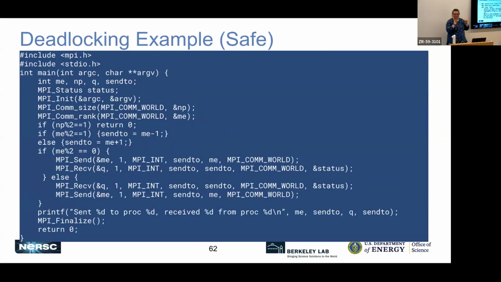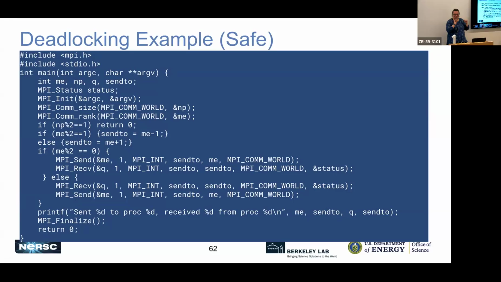So here's how we can totally fix this problem. Again, this is the exact same program. The only difference is that if I am an even numbered process, then I'm going to send first and then receive. But if I'm an odd numbered process, then I'm going to receive first and then send. So let's say I'm process 0, you're process 1.